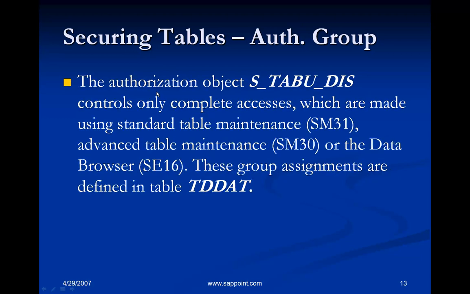The authorization object S_TABU_DIS controls only complete accesses which are made using the standard table maintenance transactions such as SM31, advanced table maintenance transactions such as SM30, or the data browser transaction which is SE16.